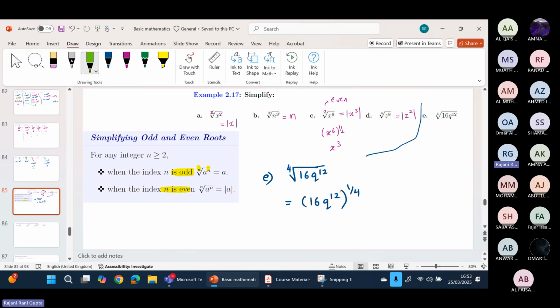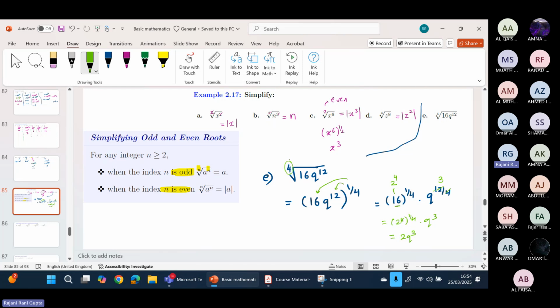So this 1 over 4 goes with both the terms, giving you 16 power 1 over 4, q power 12 over 4. 4 and 12 cancel to 3. 16 you can write as 2 power 4. So you get 2 power 4, 1 over 4, q^3. 4 cancels, so you get 2q power 3.